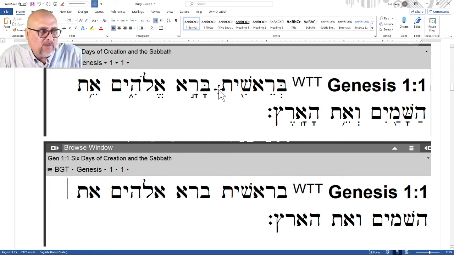Most of the time, there's no debate. There are certain passages where there's huge debate, where you've got the same consonantal text, but if you supply different vowels, it means something different.